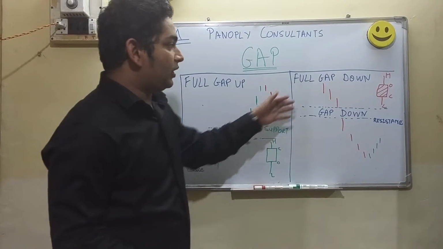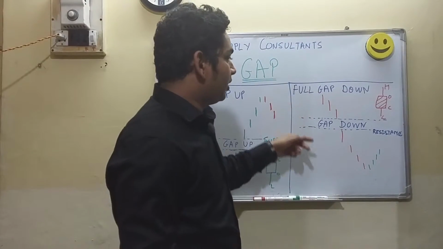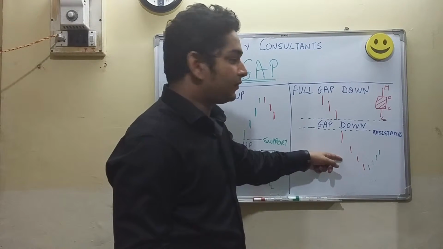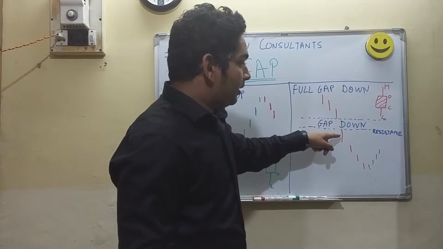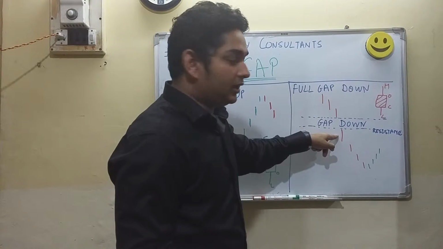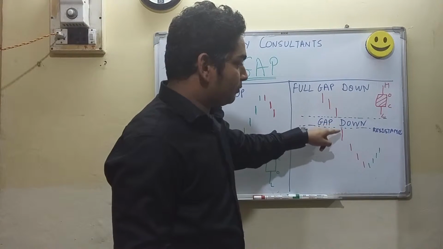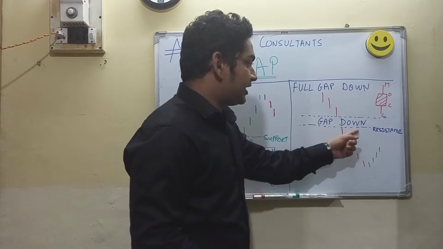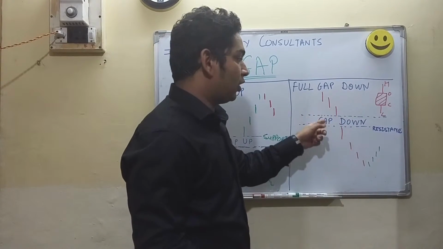The same scenario will happen in a gap down situation where the market is going in the downward direction. Here, the current day open is much lower than the previous day low. That also creates a gap which is considered to be a gap down.